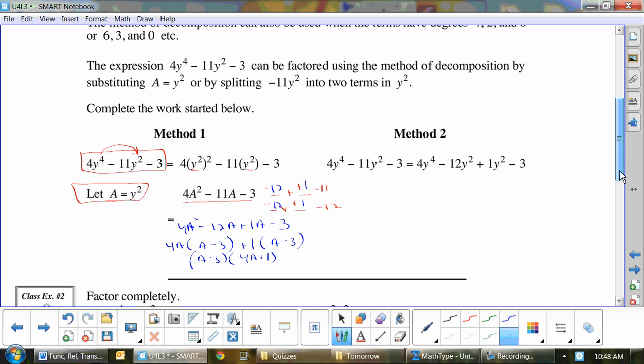Okay, then you always finish with this step. Well, what is a? Well, a is y squared. So y squared minus 3, 4y squared plus 1.